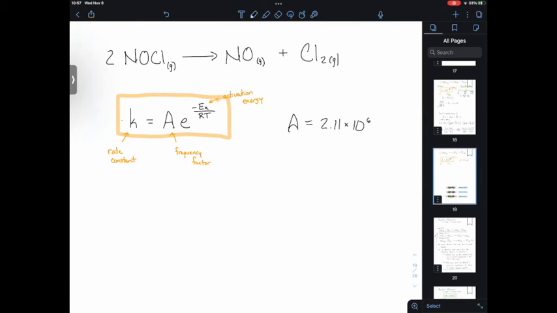A is again called the frequency factor. A has two components to it, P and Z. Z is what's called the collision frequency. So that's how many collisions are occurring in a given period of time, right? And P is what's called the orientation factor.